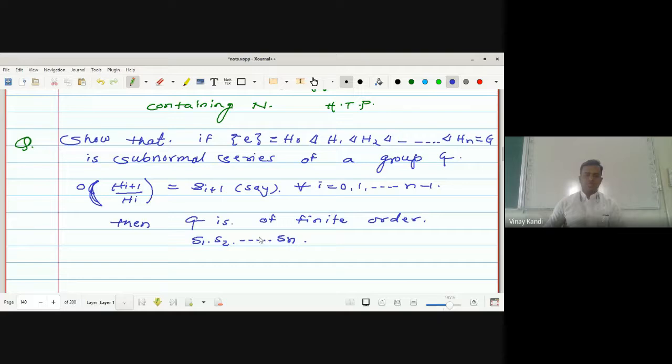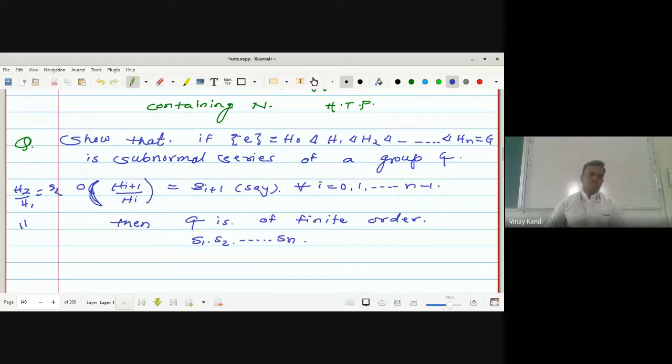Okay, what is given to us? The singleton E is equal to H0, H1, H2, this is the subnormal series. That means each Hi is normal in G. And the order of the factor group Hi plus 1 upon Hi is equal to Si plus 1, assume finite, for all i running from 0 to n minus 1. Order of H2 upon H1, put i is equal to 1, S2.